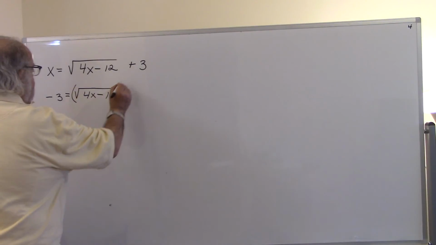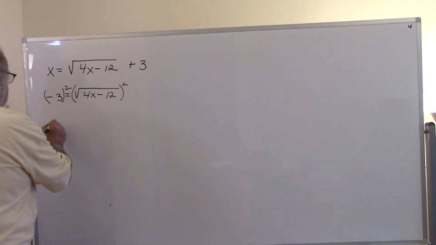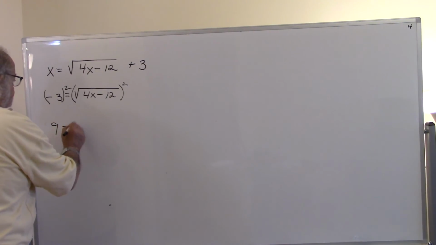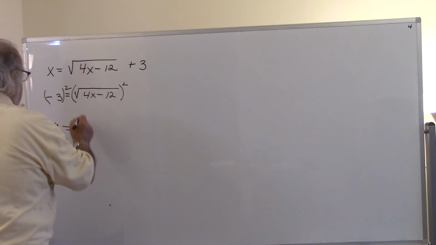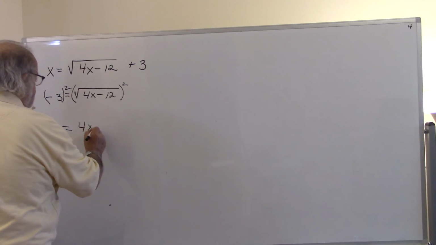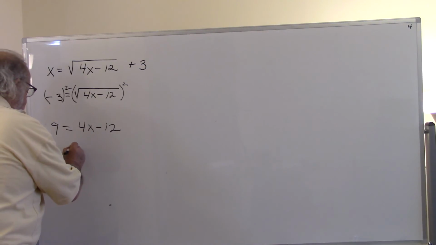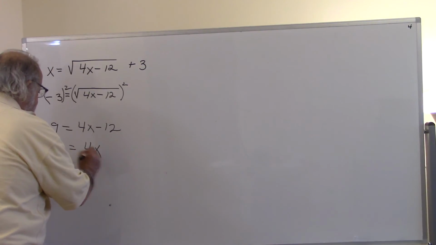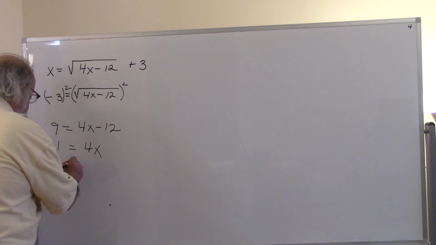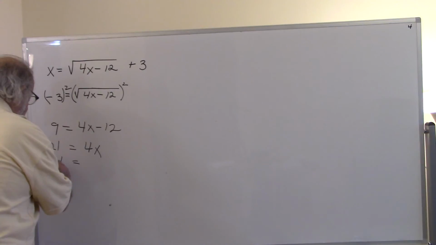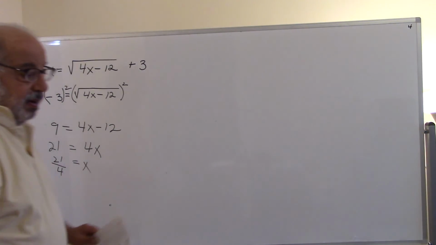Now, square root this, square root this. When you do that, this becomes 9. And your square root becomes eliminated. So you have 4x minus 12, 4x, 21, 21 over 4 equals x. And there's your answer.